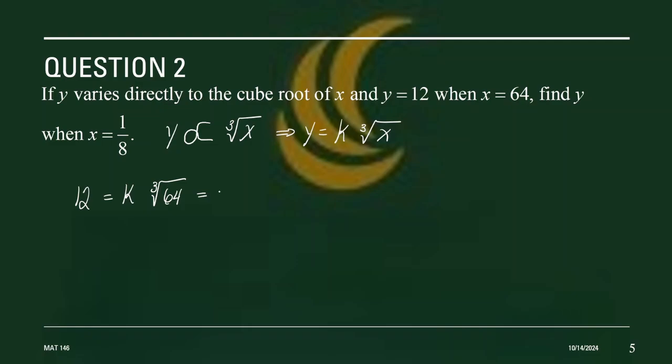It's 4. Which makes k what? If 12 is 4 times k, what is k? There's the model. Y is 3 times the cube root of x.